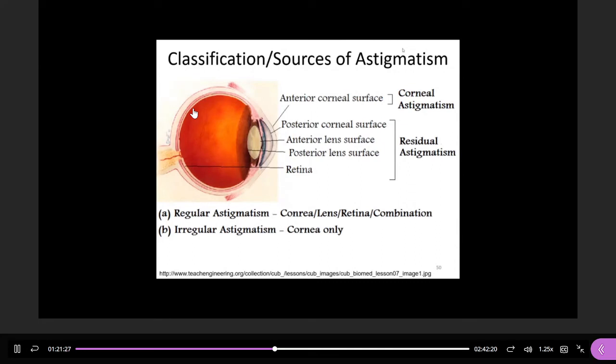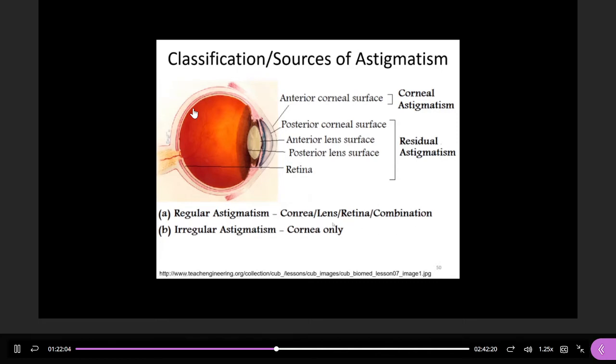In the last two lectures, when we were talking about the corneal topographer, we learned that most astigmatism comes from the cornea. We call it anterior corneal surface astigmatism. Another astigmatism is called residual, including the posterior surface, anterior lens and posterior lens, vitreous, and retina. All this is called residual astigmatism.